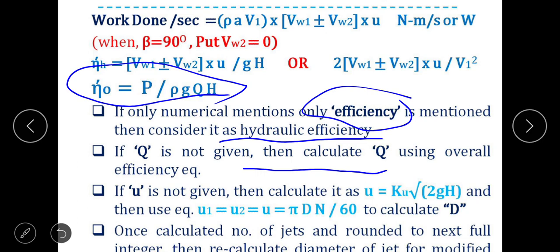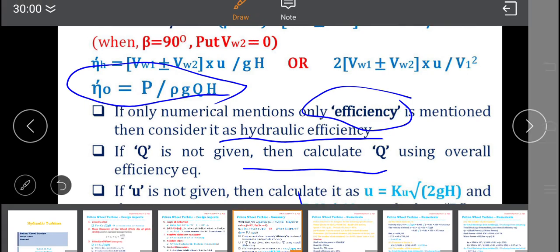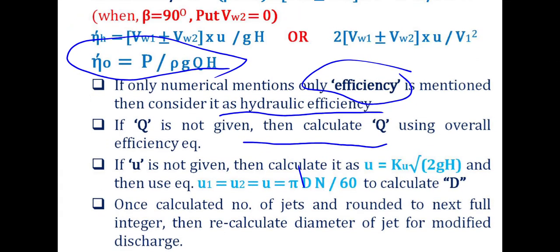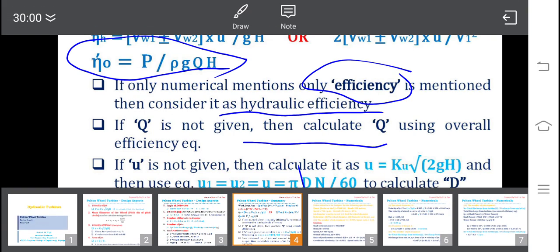Once the number of jets is calculated and rounded to the next full integer, then recalculate the diameter of the jet for modified discharge. That is also equally important.